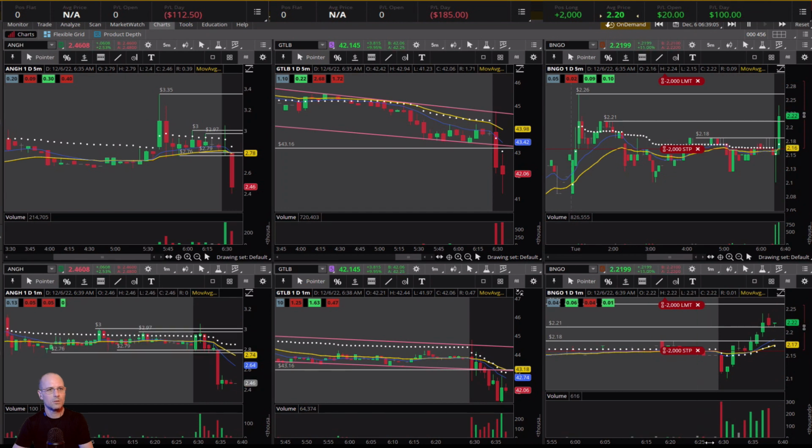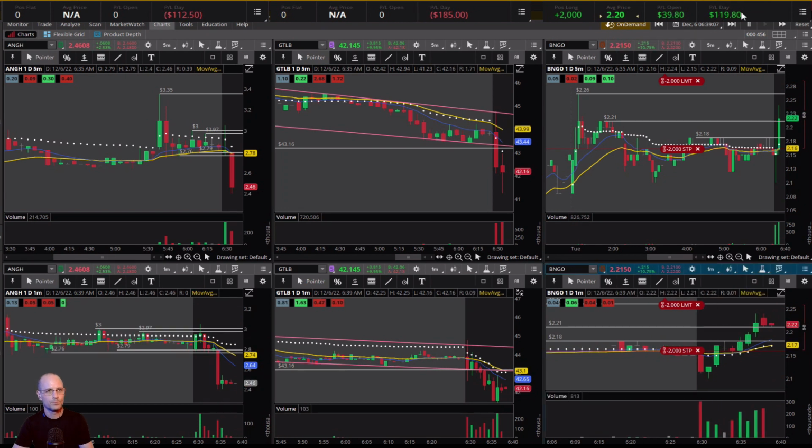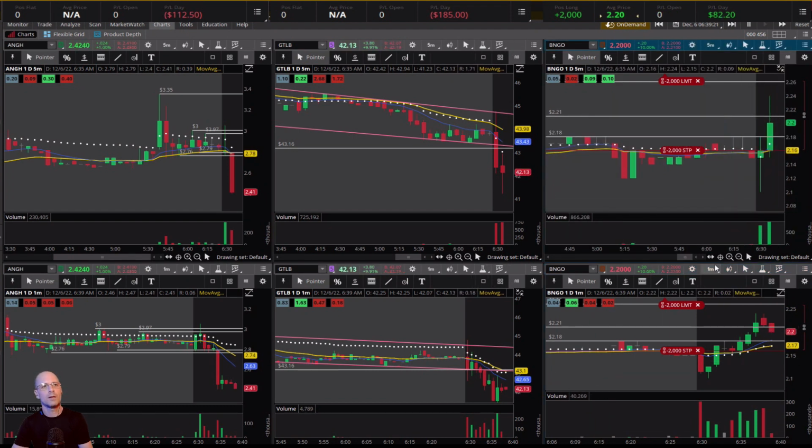So maybe we get a 2-bar pullback here. This 5 minute candle is going to close in less than a minute. So that's something to be aware of. I'll zoom in on that just a little bit.